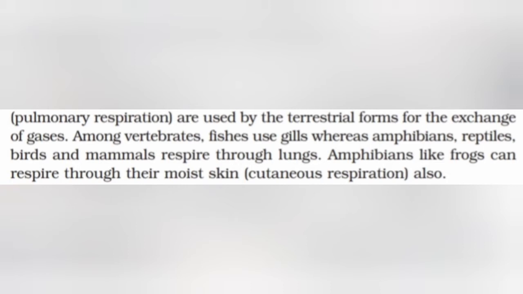Among vertebrates, fishes use gills, whereas amphibians, reptiles, birds and mammals respire through lungs. Amphibians like frogs can respire through their moist skin, which is known as cutaneous respiration. So these are the different kinds of respiration which the different animals exhibit.